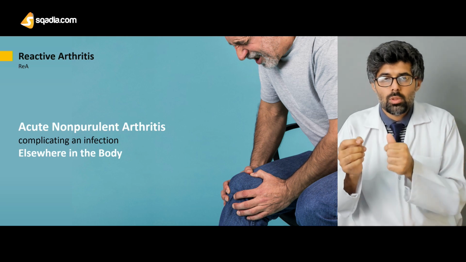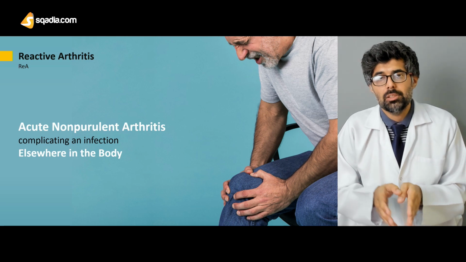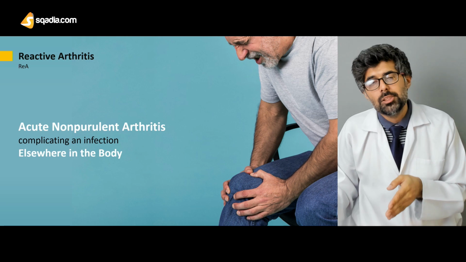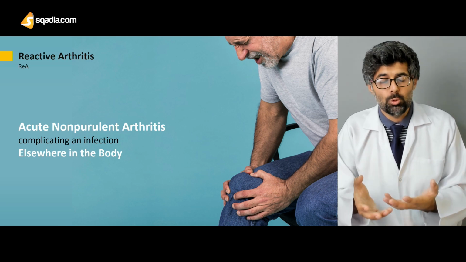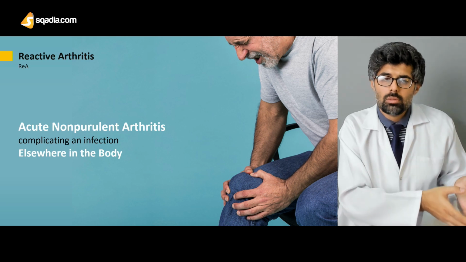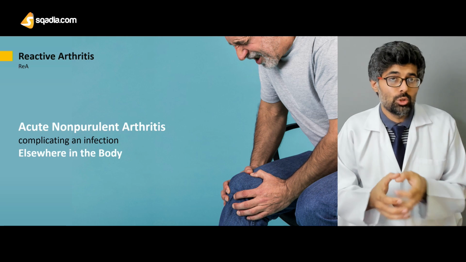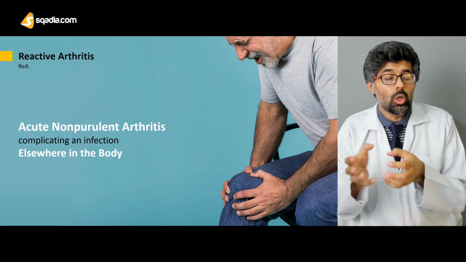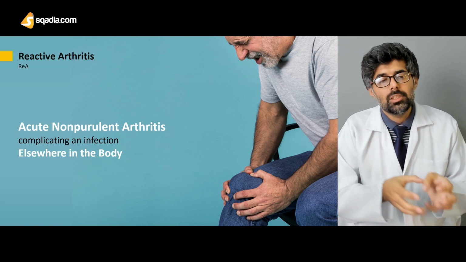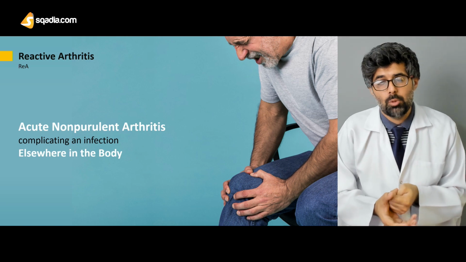So, the word non-purulent is important because it differentiates it from infectious arthritis. Because both infectious arthritis, which is due to some kind of bacterial infection, and non-purulent arthritis, which is not due to any local bacterial infiltration, can result from an infection that is found elsewhere in the body.